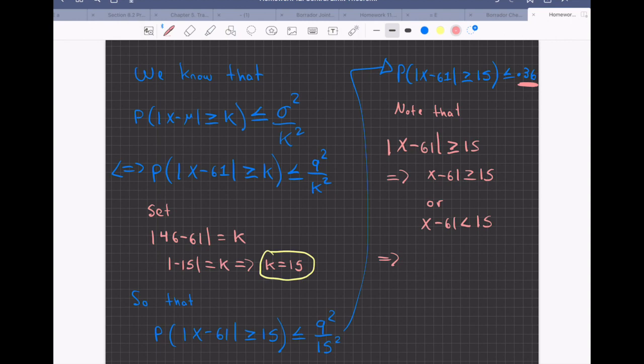So the first case becomes x greater or equal than 76, or x no more than 61 minus 15, that is 46.